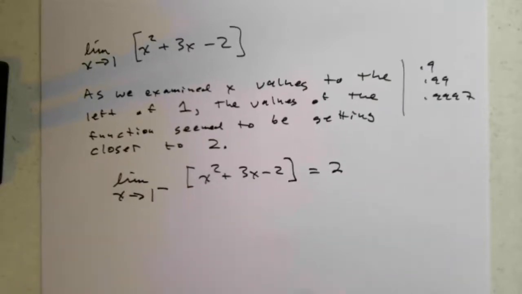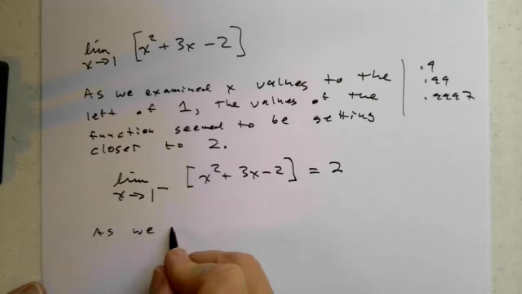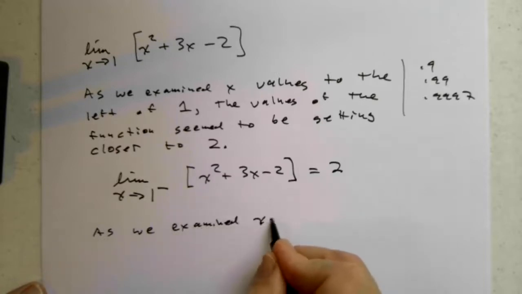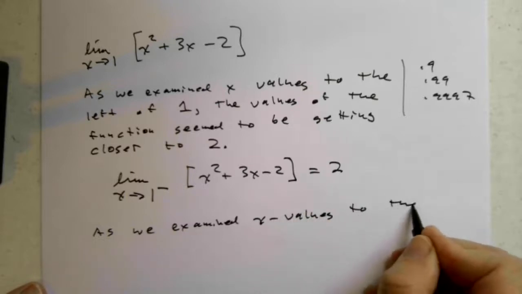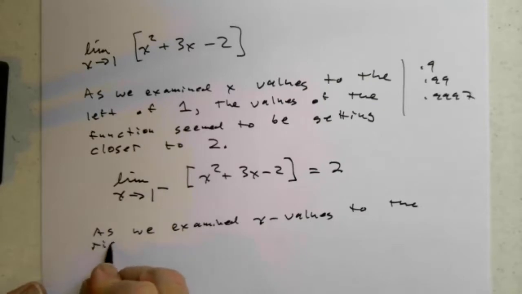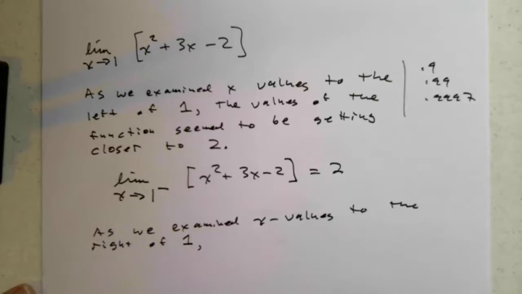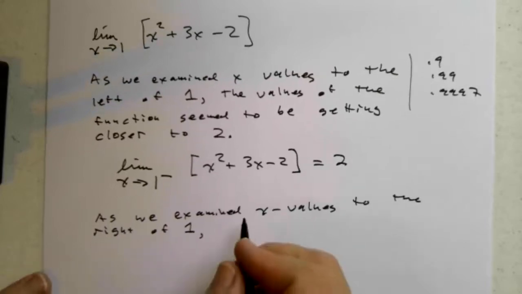Similarly, as we approached 1 from the right, so as we examined x values to the right of 1, the values of the function also seem to be getting closer and closer to 2.